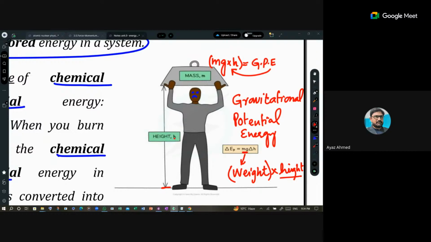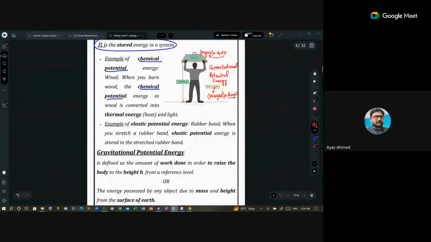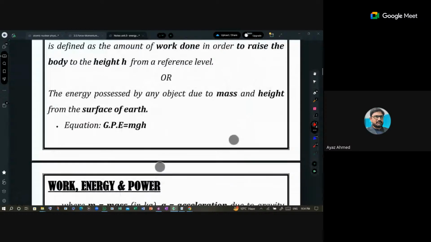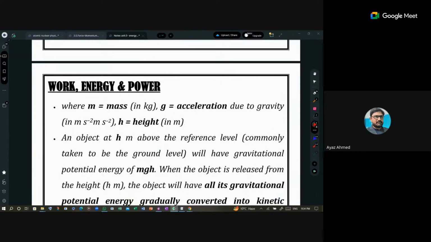So what is the equation for gravitational potential energy? mgh, right? Its equation is mgh, which is due to height. When the height is increased, gravitational potential energy increases. When height decreases, gravitational potential energy decreases.